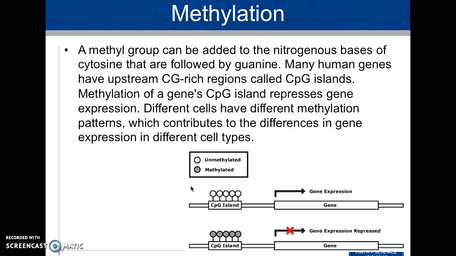And if a methyl group, which is like a little protein, can attach to this, it can impact the expression. Specifically, it can repress the reading of the gene. So we see that the CpG island in the bottom image has been methylated, and it's keeping the gene from being read.